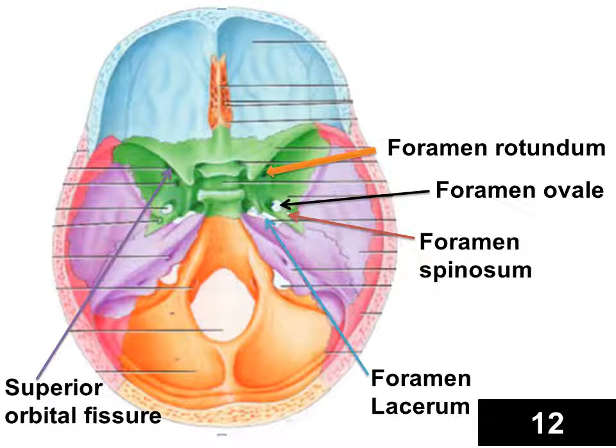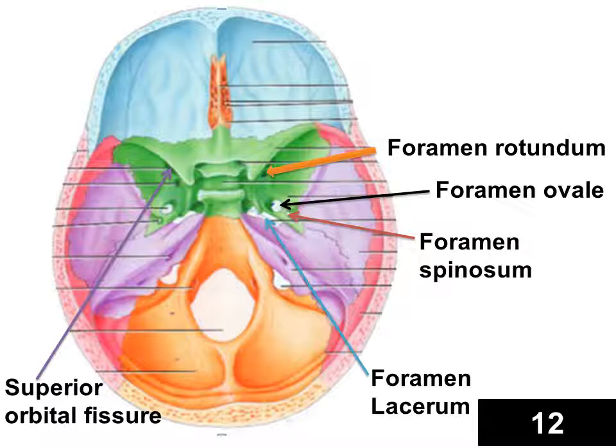Posterolateral to the oval we have a small circular foramen called the foramen spinosum, named after the spine that guards that foramen at the external surface of the base of the skull. Through it passes the middle meningeal artery.